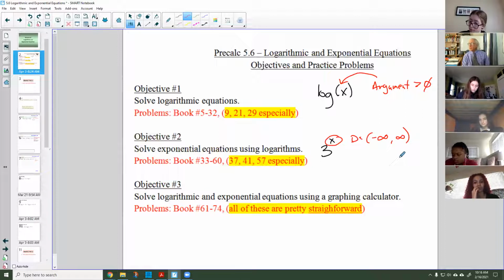There is no domain restriction. There's no denominator, there's no radical sign, there's no logarithm. So the domain is negative infinity to positive infinity. And then we're going to show you how to use a calculator to solve these kinds of equations, and that'll help you check your answers when you're doing it algebraically up here.